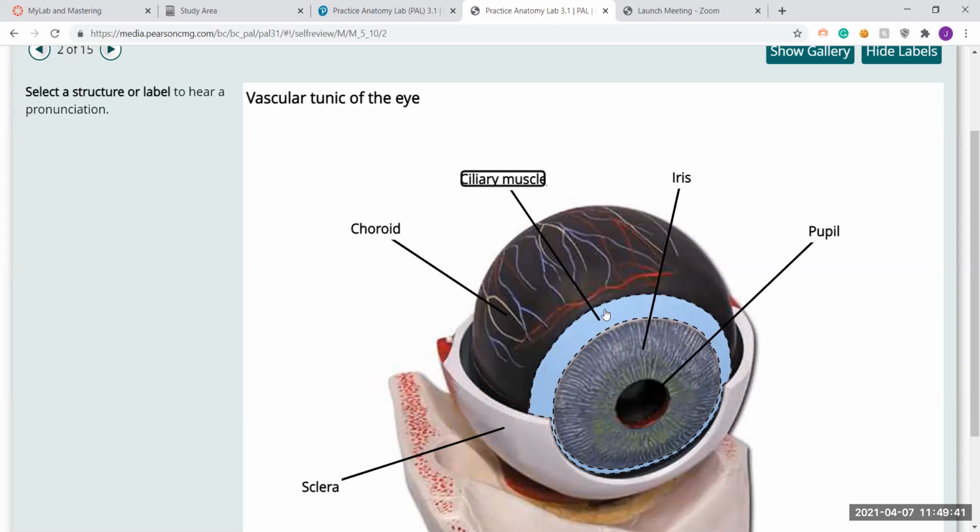In the ciliary body, we have ciliary muscles. Then we have the iris. The ciliary muscles attach inside to the lens, which they adjust to focus the image on your retina. And this is the hole in the cornea, that is the pupil.